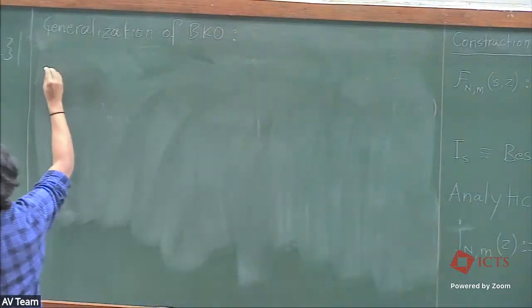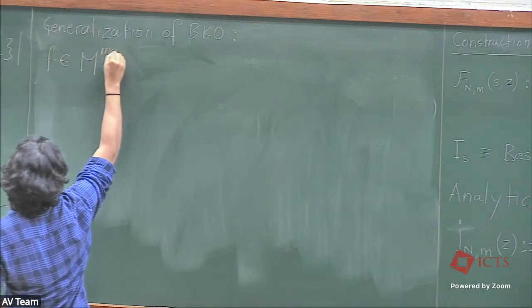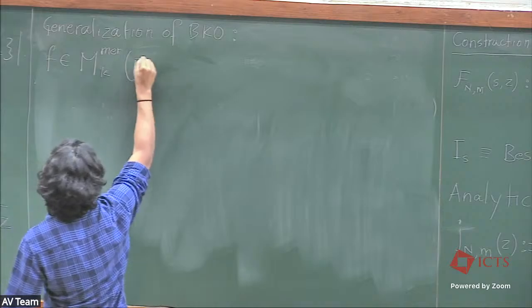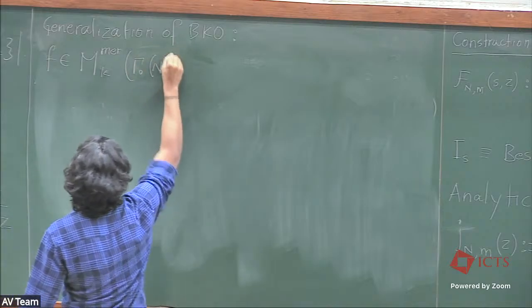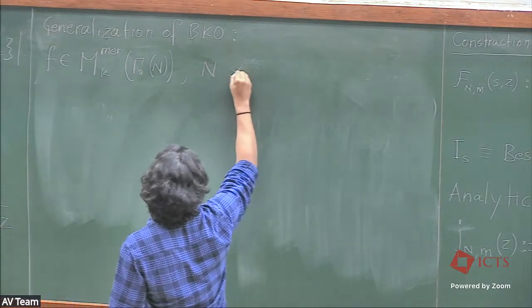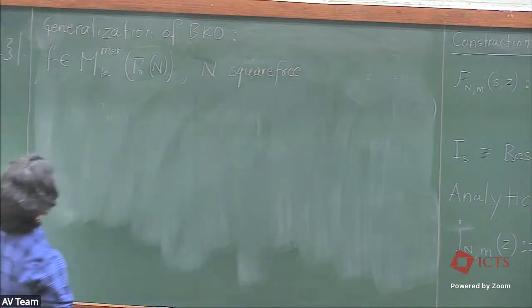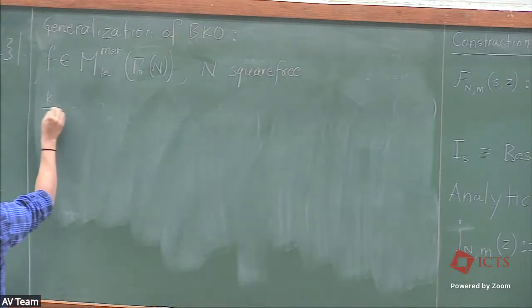So for gamma naught n, if we take a meromorphic function of weight k for gamma naught n, let me assume n square free, and I'll explain why. Then the following is true.